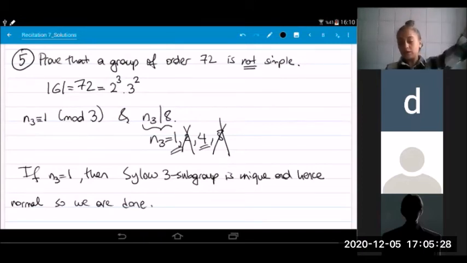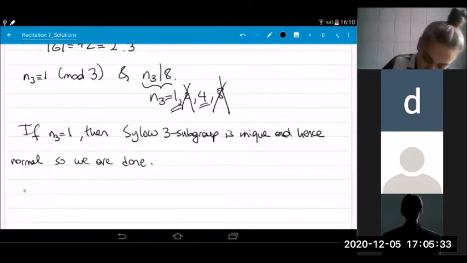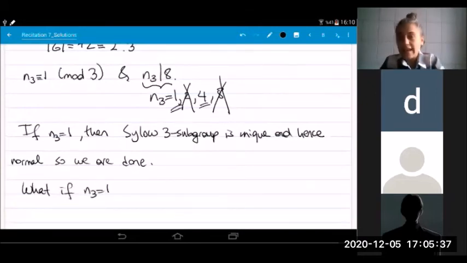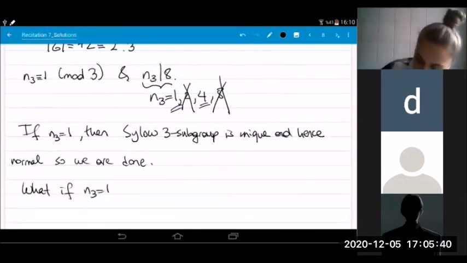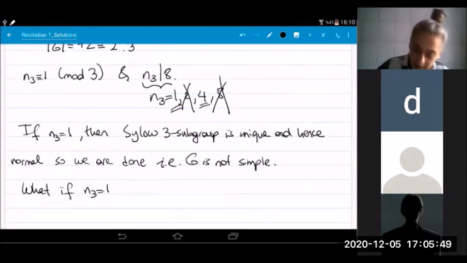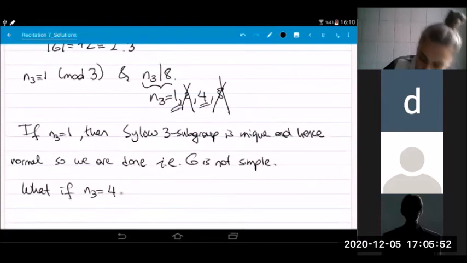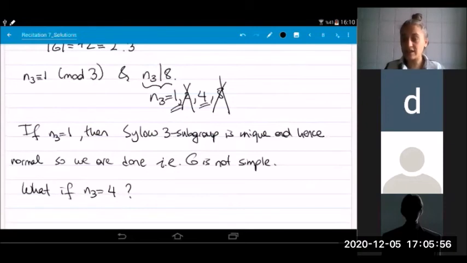What if N3 is equal to 4? In this case, G is not simple, right? Okay, what if N3 is equal to 4? Is it also the case that G is not simple? If N3 is equal to 4, we are going to determine this one.